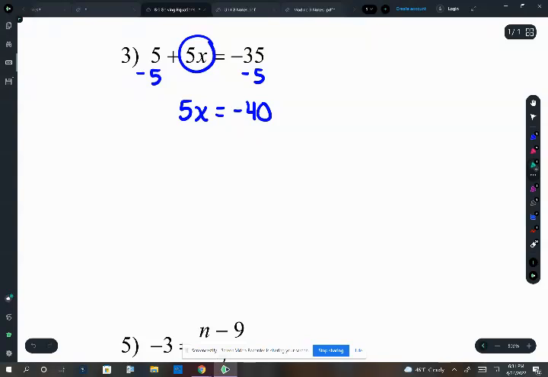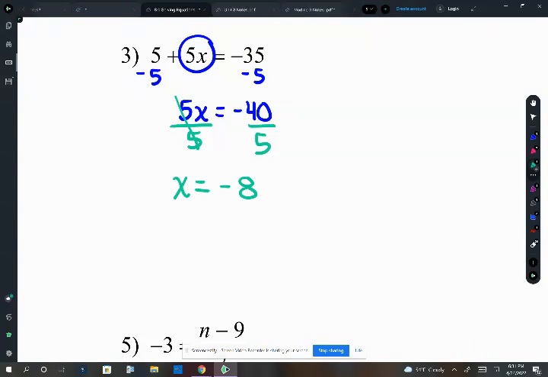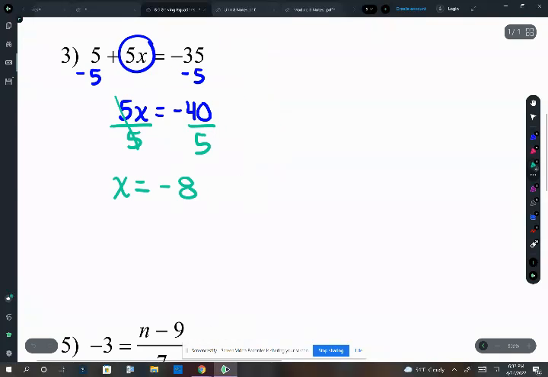And so just make sure you take the time, write down a little bit. It's not a big deal. So 5 next to x is multiply, so we divide both sides by 5, and then we get x is equal to negative 40 divided by 5, which again is negative 8. And so again, if we're not positive, just double check it with your calculator. It's not a big deal.